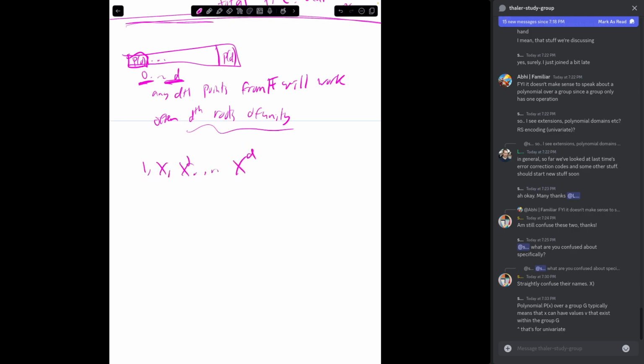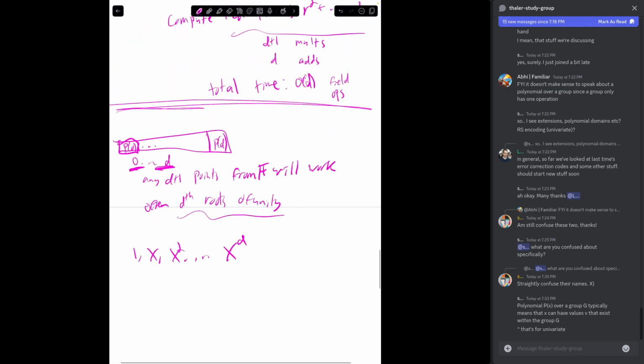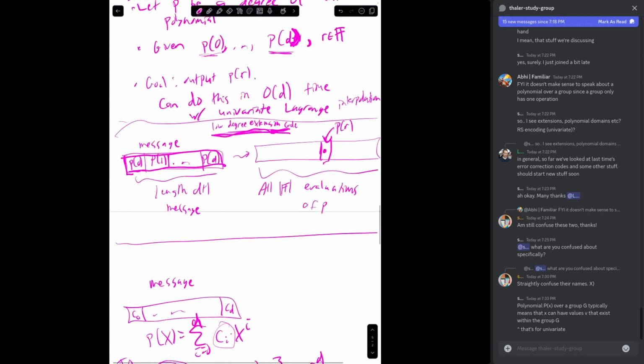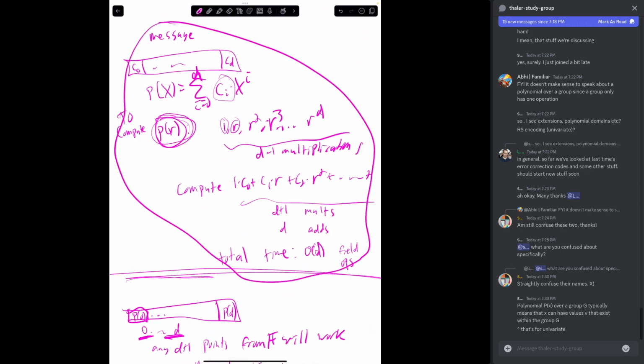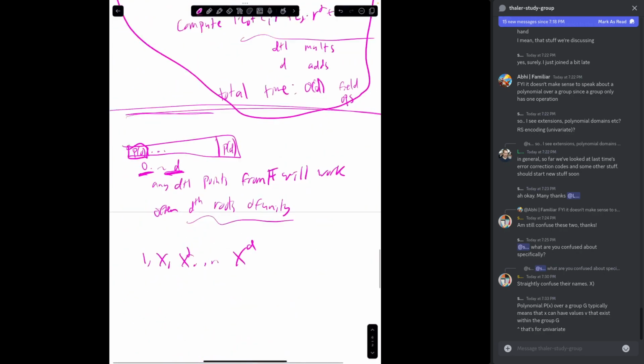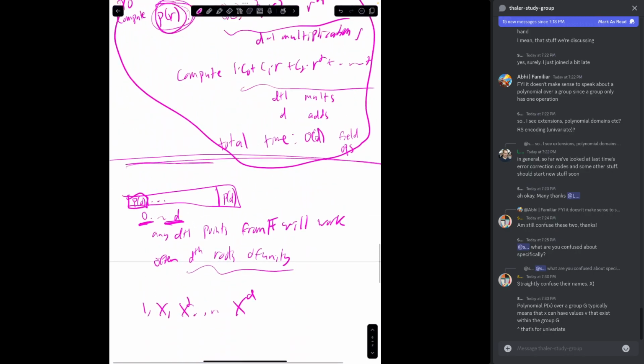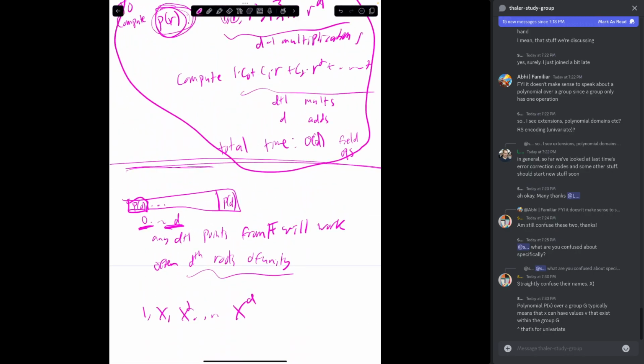That's the basis I was discussing, where if we were interpreting the symbols of the message as coefficients in the standard monomial basis, it's very obvious how to evaluate P of R in linear time. So with Lagrange interpolation, we're just using a different basis.